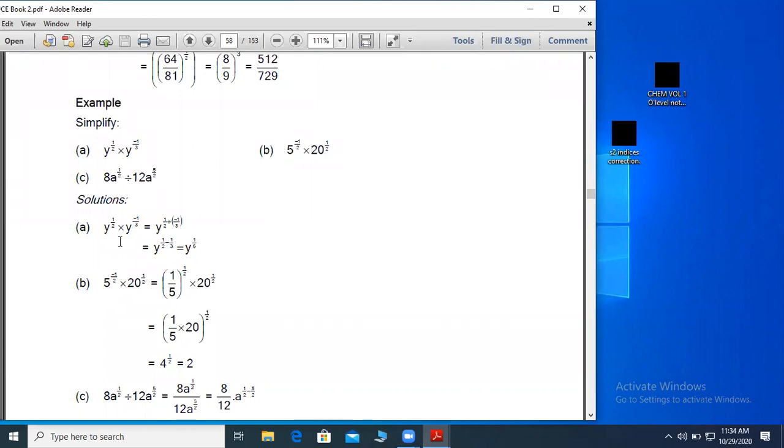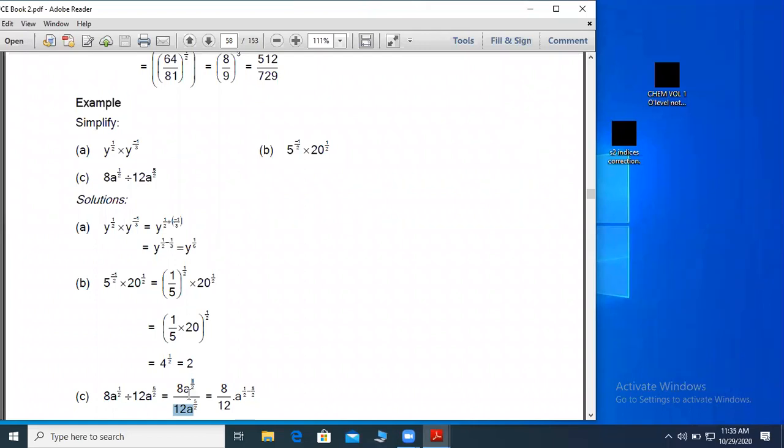Okay, let's continue. We have 8a to the power of half divided by 12a to the power of 5 over 2.